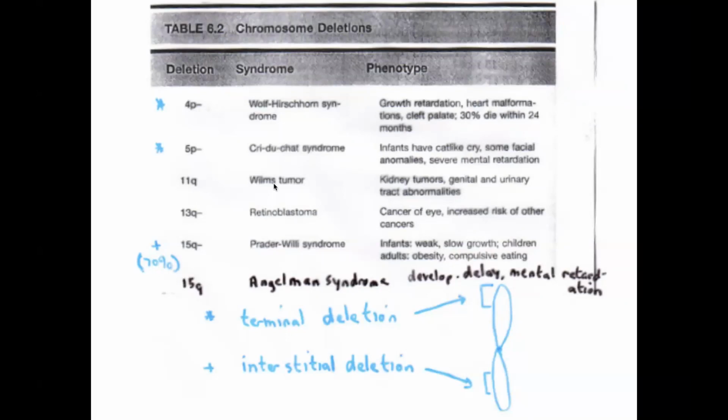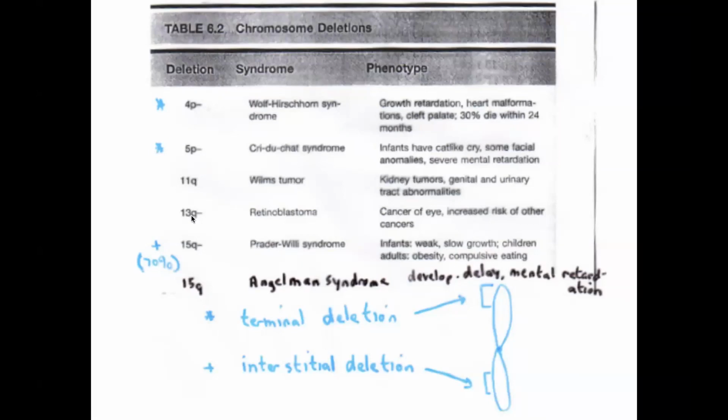In the case of Wilms tumor, it's the tip of the long arm of chromosome 11 that is deleted, and for retinoblastoma, it would be the tip of the long arm of chromosome 13. It would be very rare that these individuals would be homozygous for that deletion, probably never really occur. And even if it did, those would be lethal conditions.